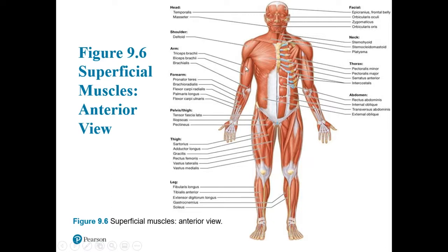The insertion point is on the condyles, if you will, of the radius and ulna. Those insertions allow you to extend the forearm after flexion. If you flex your forearm by using the biceps, to bring it back again you're going to need the triceps.